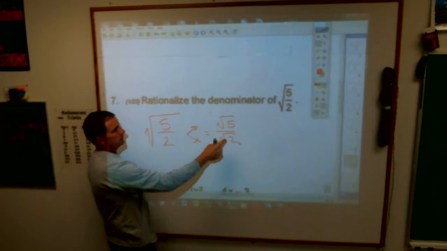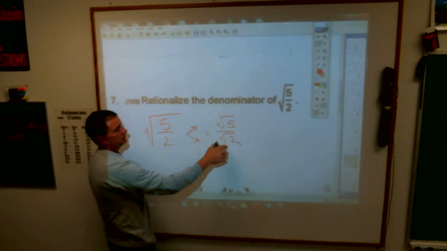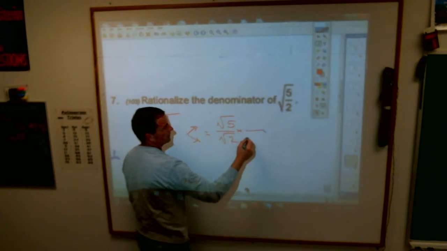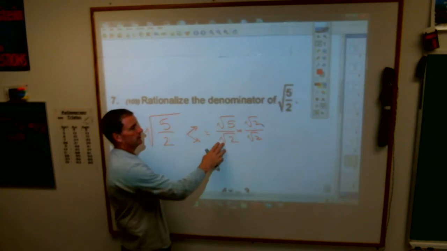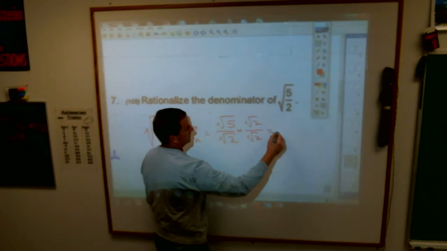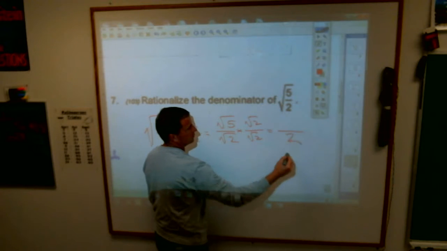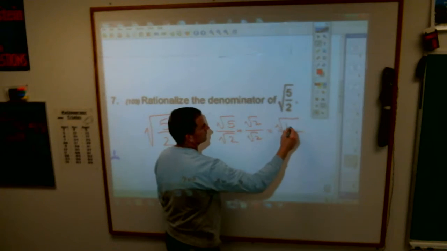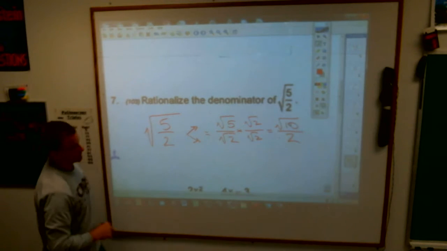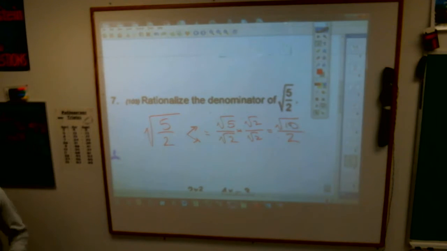You cannot have an irrational number in the bottom, so you need to make it rational, and you do that simply by multiplying by whatever it is. That'll make the square root sign go away. Square root of 2 times square root of 2 is square root of 4, which is 2. And then on top, those two give you the square root of 10, which does not simplify. But for some reason, that's much better.